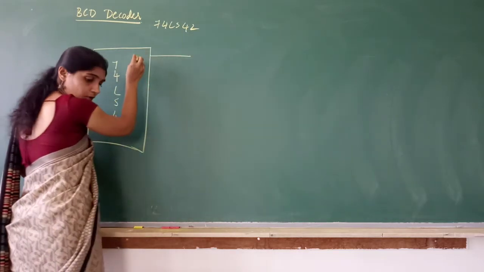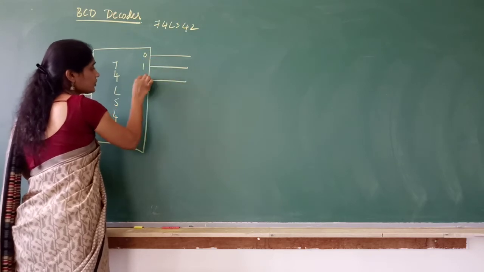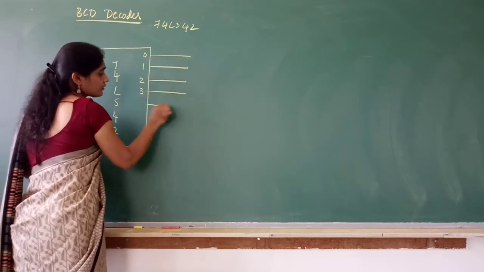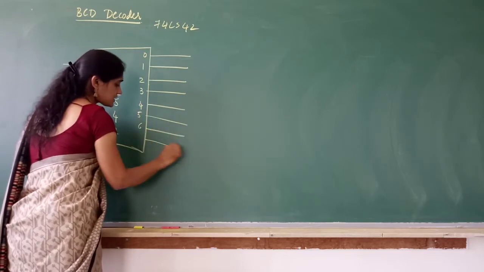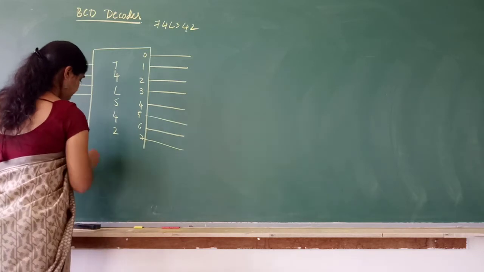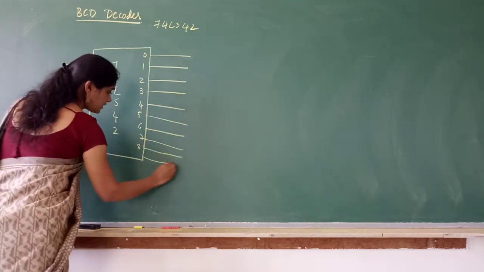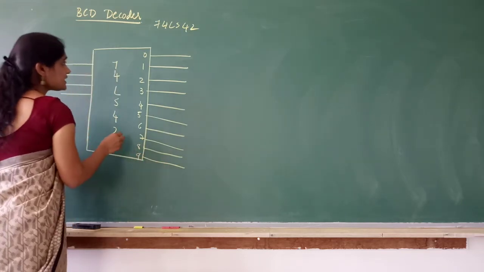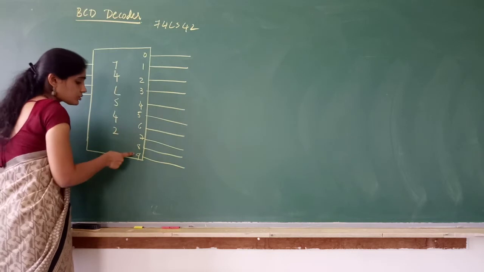So let me call the output lines 0, 1, 2, 3, 4, 5, 6, 7, 8, 9. So BCD input, binary coded decimal numbers, are only from 0 to 9.